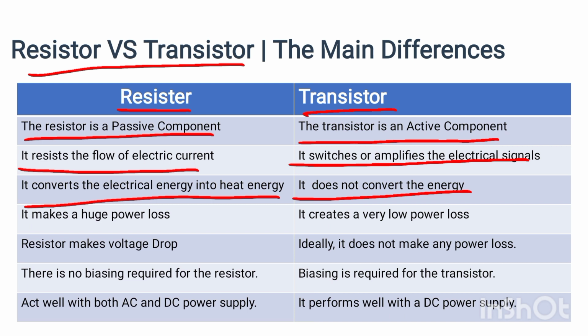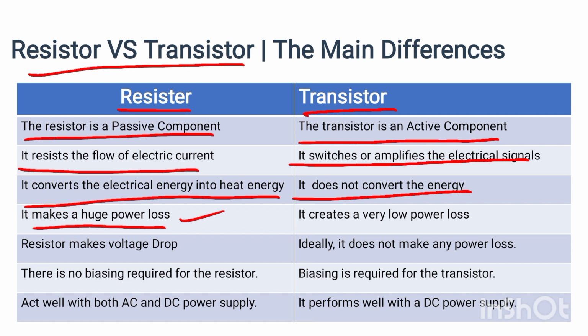The next point is that a resistor makes a huge power loss. Remember this. Why does it make a huge power loss? Whenever we use a resistor in our circuit, there is a voltage drop, and voltage is directly proportional to power. That means power is also lost. So we can say resistors have power loss.